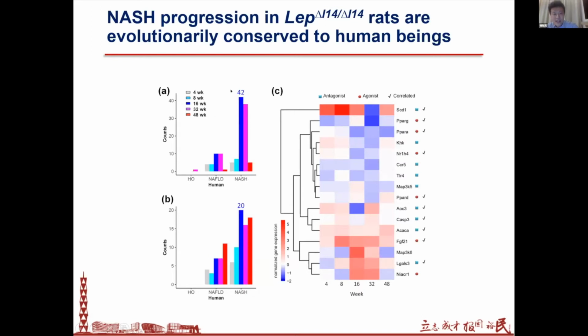And we found that the rat has 42 genes that are shared with human beings. And in the previous study, the mouse only shared about 18. We also compared the gene expression of the drug candidates, and we found that our leptin deficient rats can evaluate the efficacy of the drug candidates.